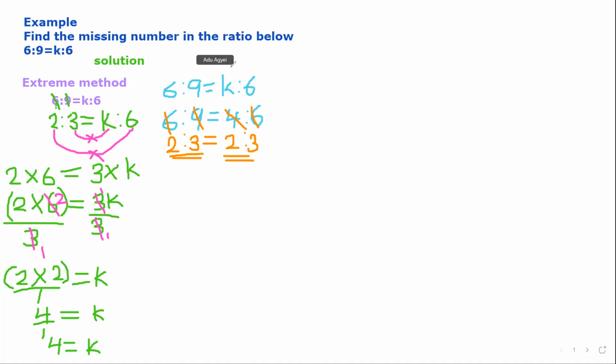Good, we have done. The same question, let's try and use the fraction method. The ratios here is 6 to 9 equal to k to 6.